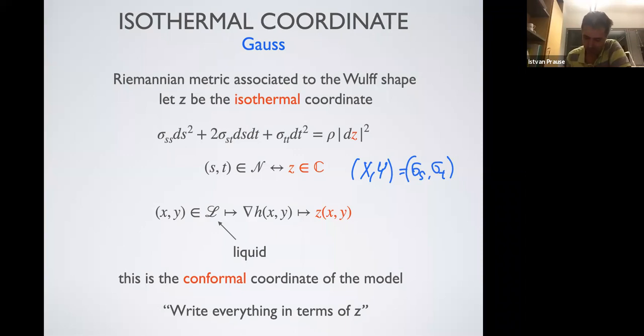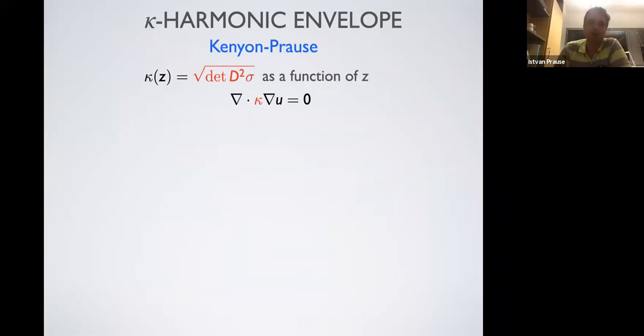Okay, what is our theorem? Or well, first we need some definition or notation. We have seen that this Hessian determinant, or more precisely the square root of the Hessian determinant, was important. So let's take this thing.